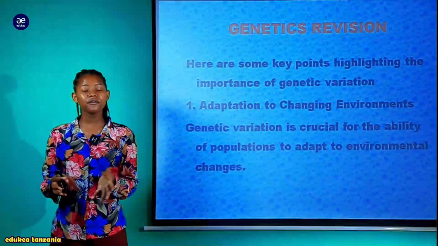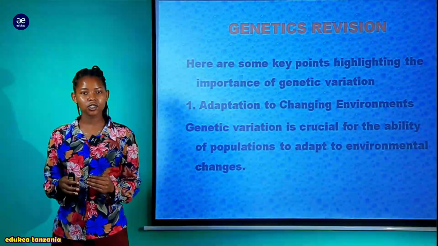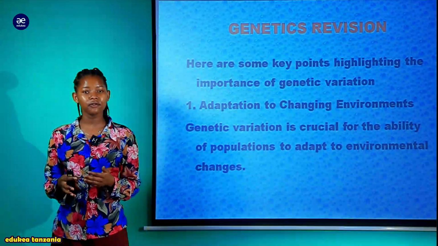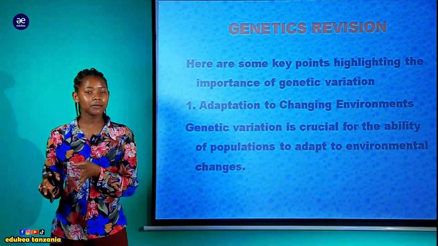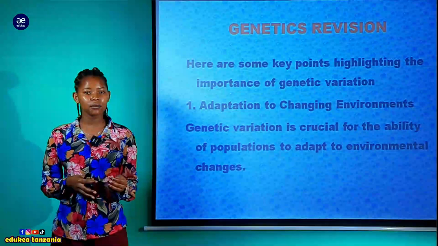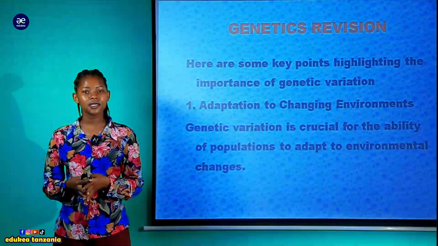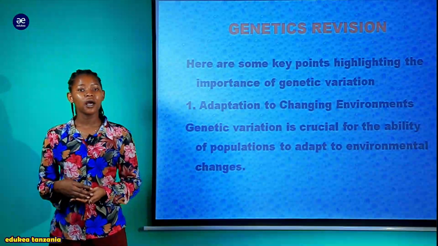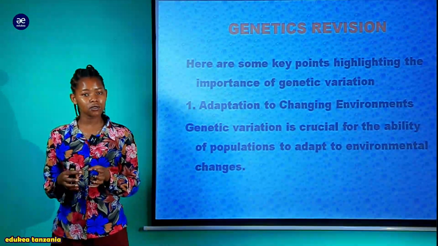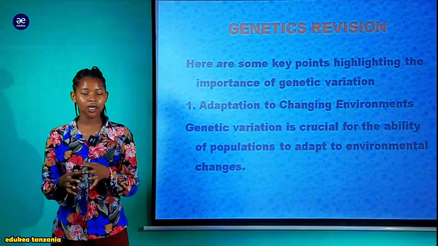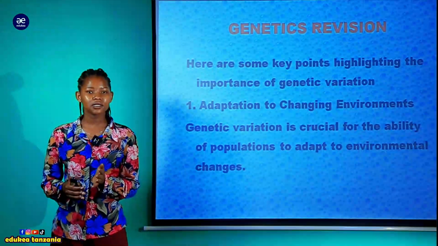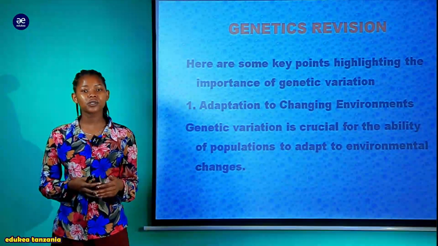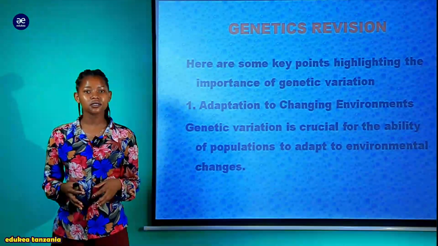So they live together in a normal environmental condition, and after a while the environment changes. If the environment changes, we mean maybe it may become too cold or it may become too hot. So let's take an example, the environment changes by becoming too cold. As you can see here, these two groups have genetic variation, meaning that the first group possess long furs and the next group possess short furs.